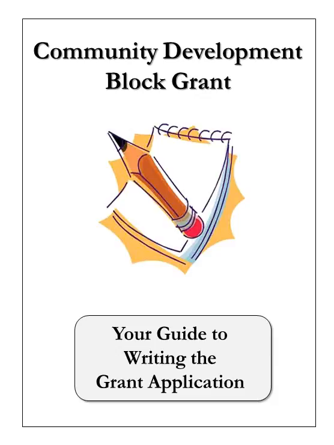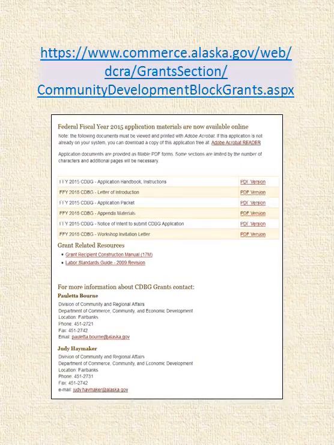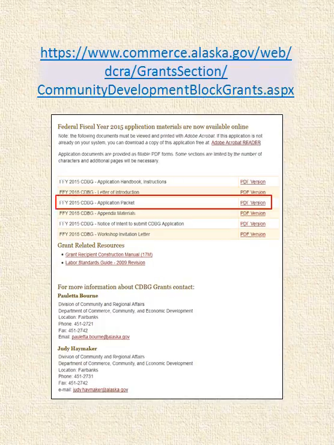The first thing that you want to do is have a copy of the application in front of you. If you don't already have it, you can find it on our website. You can go to the website address at the top of this page to find the application. If you scroll down the page a little bit, you'll find the part of the website that looks like this picture here, and you will want to go to the part that's circled in red there, the application packet PDF version.